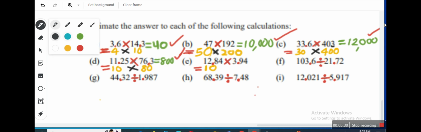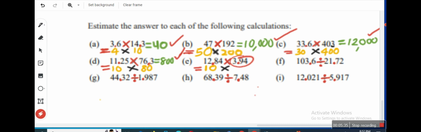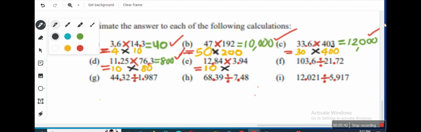Then times how about this one? 3.94, what should it be? Let's go. We're almost done. I think this is 4. It's just 4. So the final answer will be what? 40. All right.